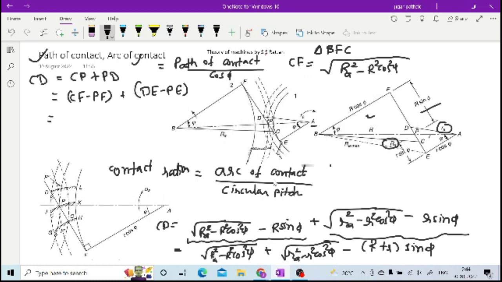Arc of contact, as we have discussed, is available from path of contact divided by cos phi.